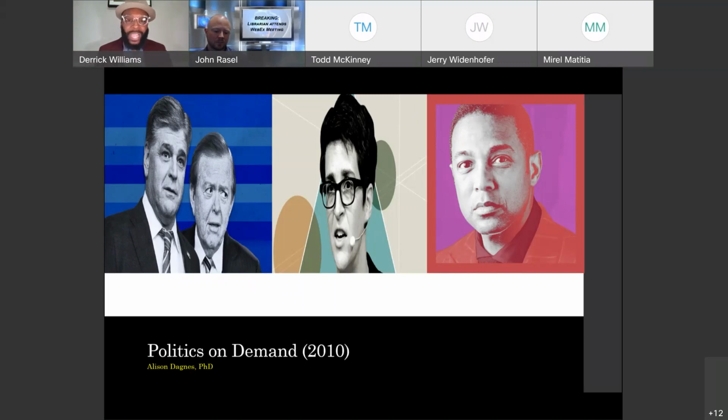So on to my right there, we see Lou Dobbs, who started out at CNN in the early years, and Sean Hannity, who is a popular voice of the right. And we see Rachel Maddow, who is a popular voice of the left, and Don Lemon could be considered left.